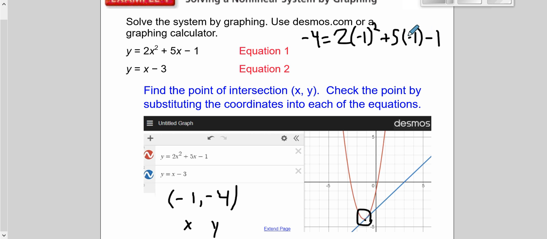The negative button is a white button under the 3. The minus is a yellow button over on the far right side. So when you hit enter, you get -4 equals -4, so that checks out. Then we put the x and y into the second equation to make sure that one works also.